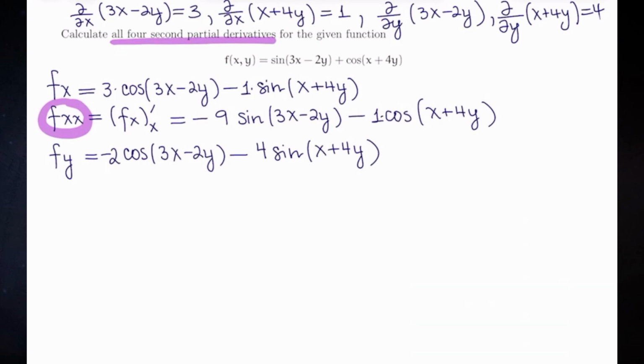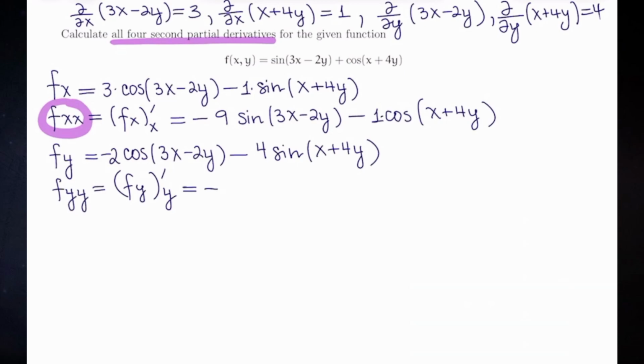Now let's go ahead and compute the second derivative with respect to y. So that's the first derivative, differentiate it again. Similar steps here. The derivative of cosine is negative sine, and there's another negative from the argument, so there are three negatives total.